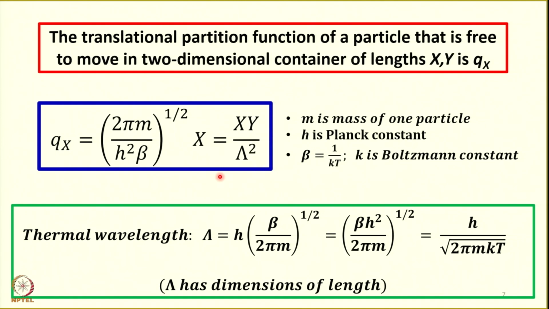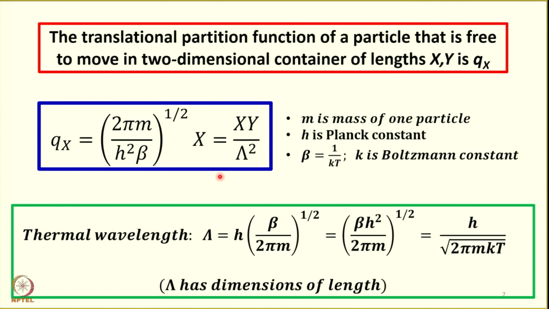We then also discussed the translational partition function of a particle which is free to move in two dimensions. Two dimension means the container will have two lengths, x and y, where x and y can be different or x and y can be equal. If x is equal to y, then it becomes a square.